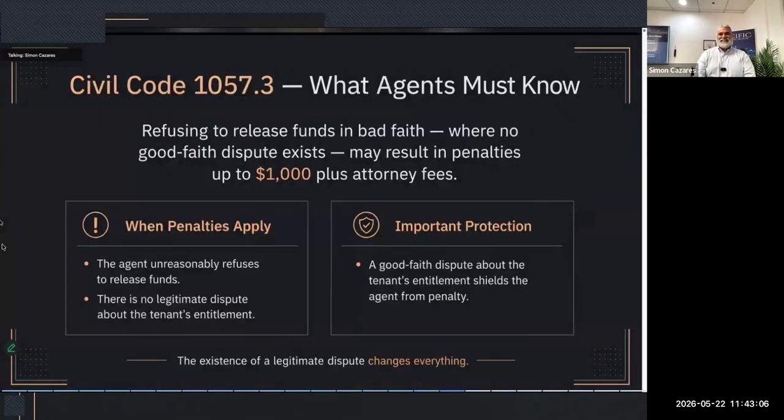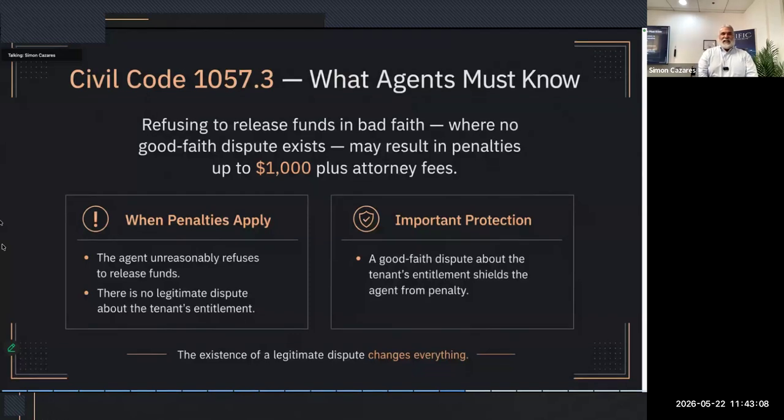All right. There's a section that talks about Civil Code 1057.3, what agents must know. Refusing to release funds in bad faith, where no good faith dispute exists, may result in penalties up to $1,000 plus attorney fees. Ridiculous. It's been $1,000 for the last 30, 40 years. I mean, it should be more.